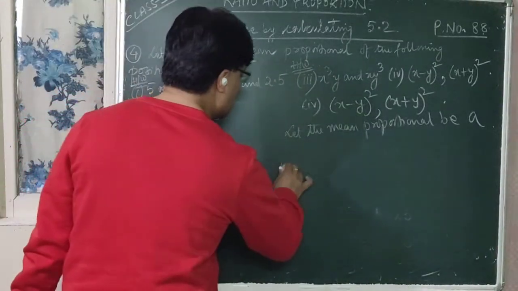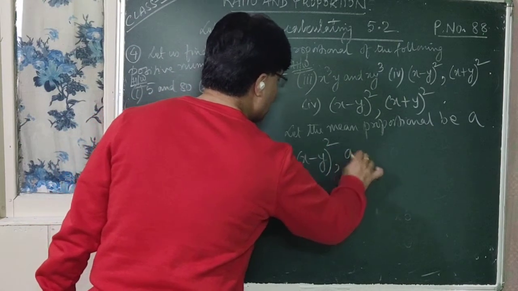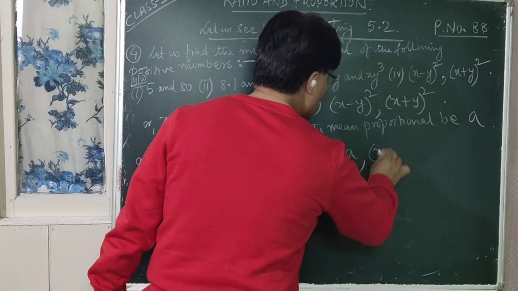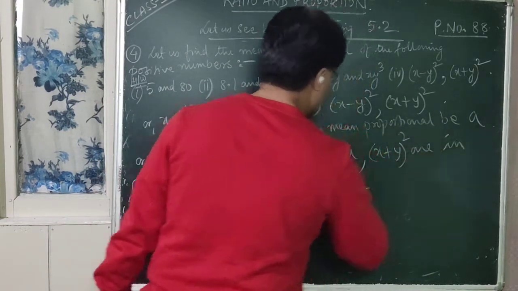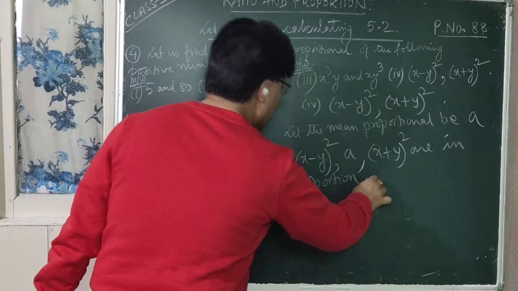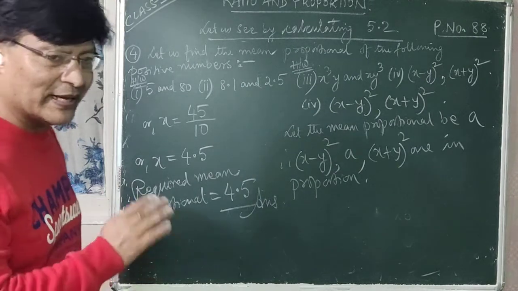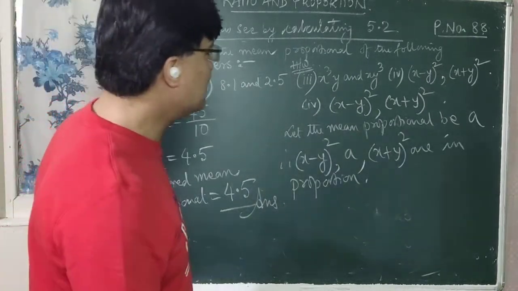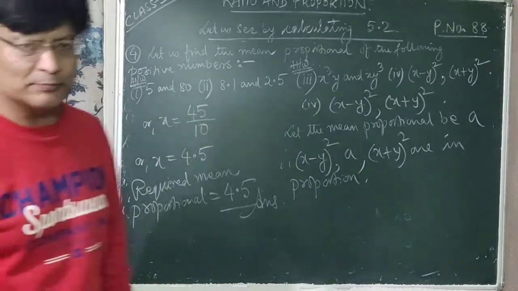So what can I write? Therefore x minus y whole square comma A comma x plus y whole square are in proportion. Right? That is, A is the middle one here, A is the second term out here, and this x minus y whole square and x plus y whole square are respectively the first and the third term.